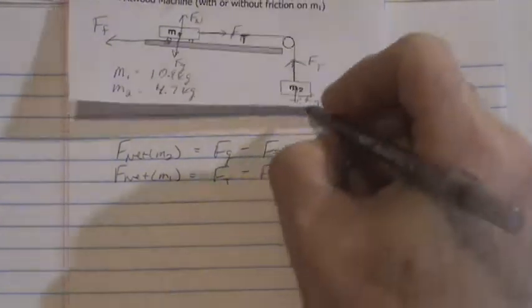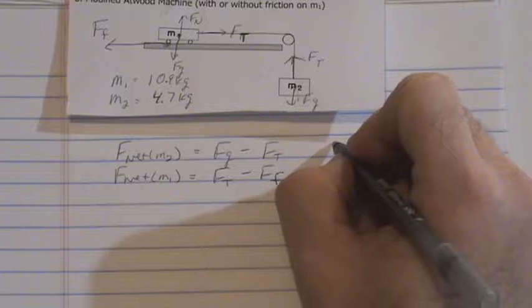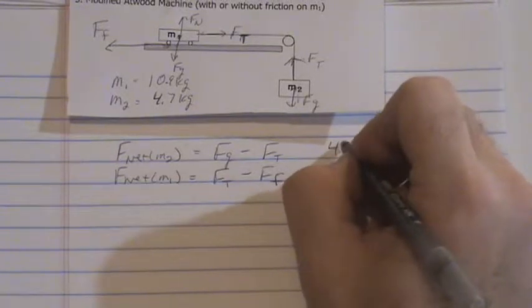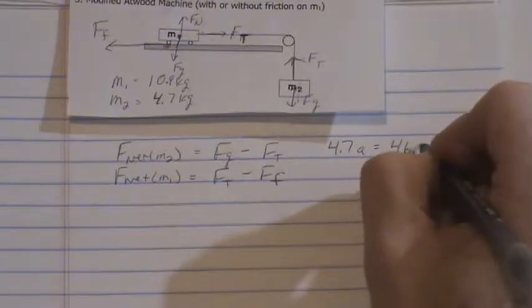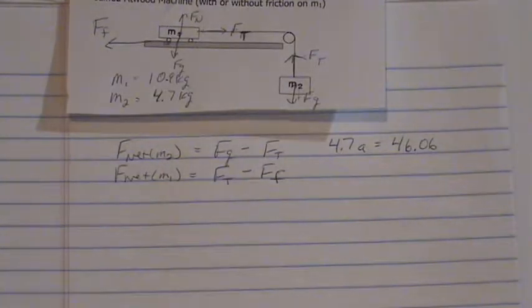Once again, substituting in what we know, for M2, it's going to be mass times the acceleration. I'm going to just use the number that we calculated for the last problem and see what that looks like. It was 46.06.